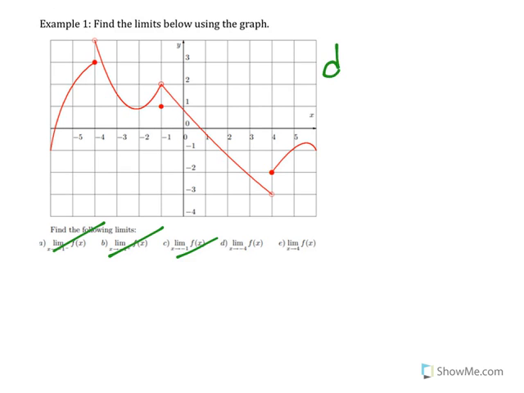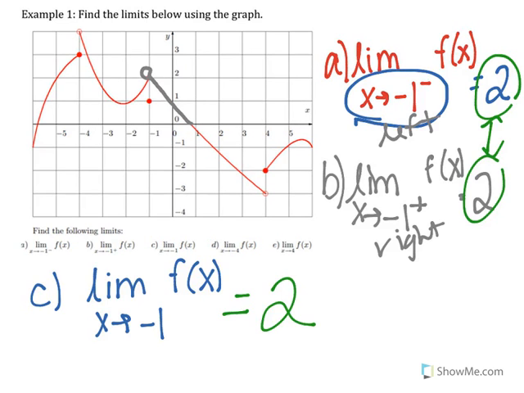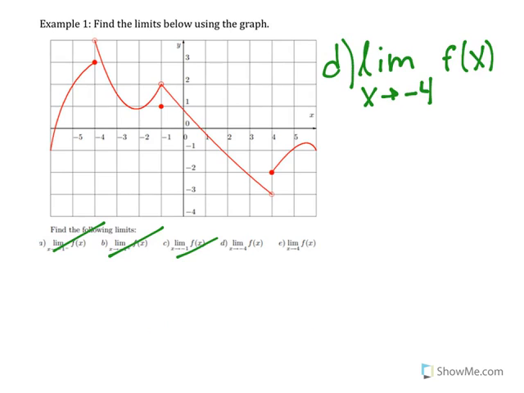Let's look at D. D says, find the limit as x approaches -4 of f of x. Now, if you notice here, there's no left limit, there's no right limit. But in the last one, we needed the left limit and the right limit to get the answer. So guess what we're going to do?